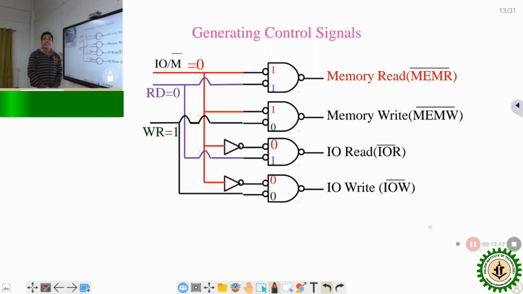Next come the very important control signals, read and write. We know that the microprocessor is capable of reading from the memory or writing into the memory. What action the microprocessor wants to perform is indicated by its control signals, known as RD bar and WR bar. These read and write signals are active low signals.